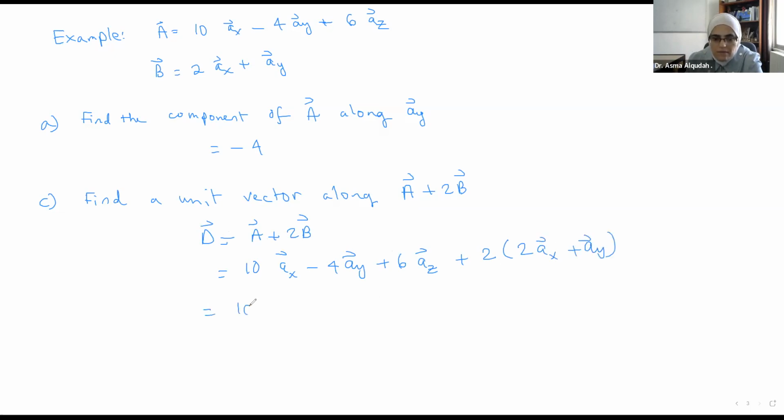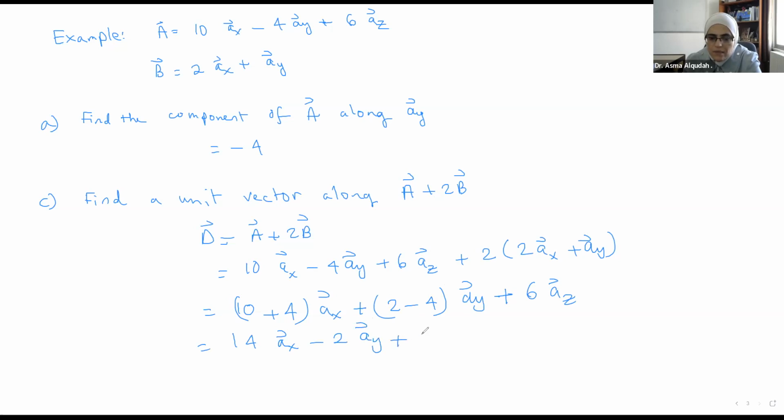Then we have 10 plus 4 along the x direction, plus 2 minus 4 along the y direction, plus 6a sub z, which is equal to 14a sub x minus 2a sub y plus 6a sub z. Now we found the vector d. What is required is to find a unit vector along d. So we need to find a sub d.